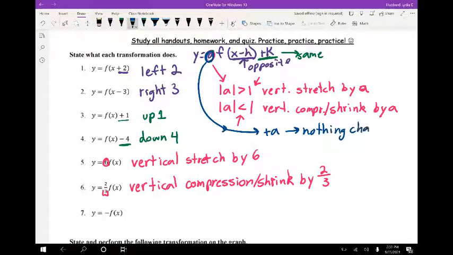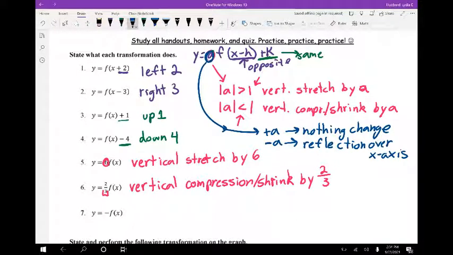There is no transformation being applied. However, if we have a negative a, that means we are performing a reflection over specifically the x-axis.